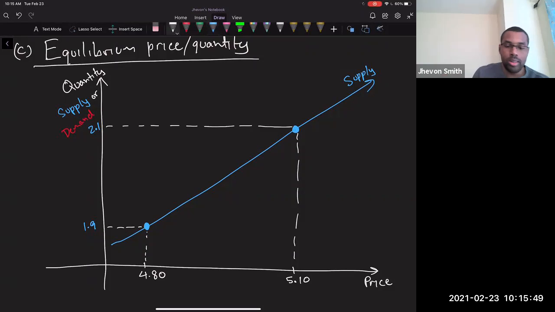So for the demand, at 480, people are actually willing to buy two. However, when the price increases to 510, they're now only willing to buy 1.8.